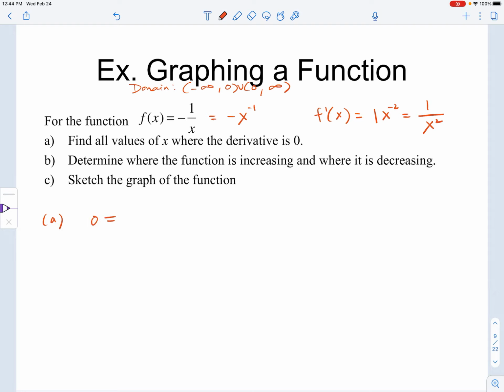Now, for part A, if I try to locate horizontal tangent lines, or where the derivative is equal to 0, look at what happens. There are no solutions to that equation. There's no real number that you can plug in for x that would make that a true statement. So there are actually no horizontal tangent lines.